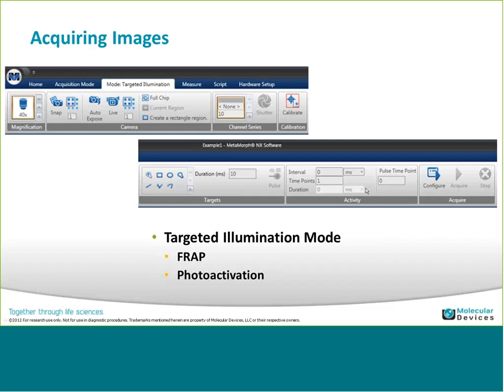I set my exposure time. That's there. And that way, if I do a snap, now I've just acquired at that wavelength, and if I select my RFP and do a snap, I've acquired that. If I select my GFP and do a snap, I've collected that wavelength as well. So now I've got my 3 wavelengths.